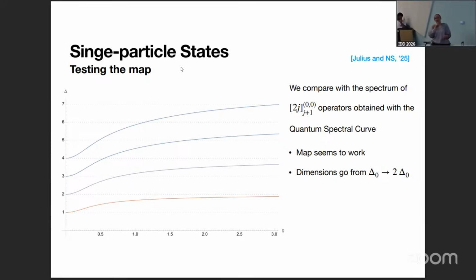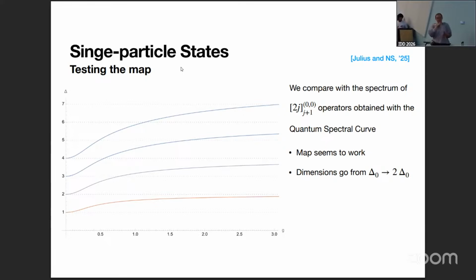So it is a kind of confirmation for where single particle states at weak coupling go. And all of them indeed just double their dimension at strong coupling according to the prediction from the partition function. So we have this nice match.